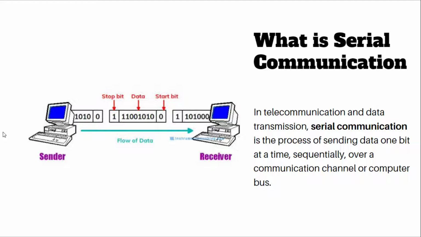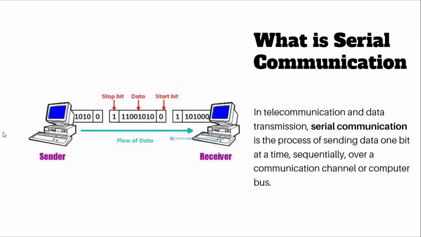Serial communication is a process of sending data one bit at a time sequentially over a communication channel or computer bus. From the picture here, you can see there's a sender computer and there's a receiver computer. So it sends data one bit at a time from one computer to the other over a communication channel or computer bus.